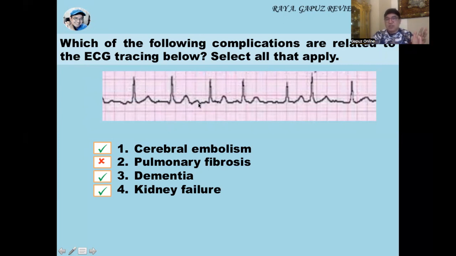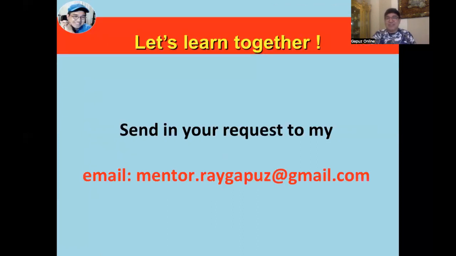In this case, you have several small P waves, and these are now called fibrillatory P waves. When you have these fibrillatory P waves plus irregular QRS, these are the general characteristics of atrial fibrillation. And a patient with atrial fibrillation could be at risk for pulmonary embolism, cerebral embolism, dementia, and kidney failure.